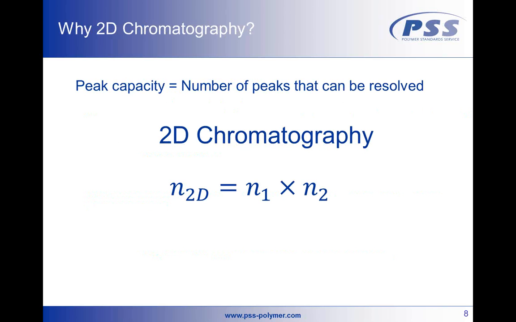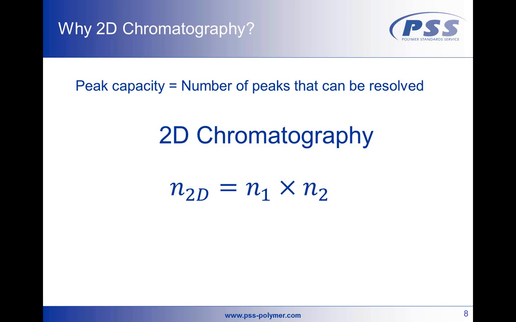So that is one of the reasons why we would like to use two-dimensional chromatography, and that is also true if you have low molar mass substances, where we would simply increase the peak capacity. The peak capacity is nothing else than the number of peaks that we can resolve in a reasonable time.